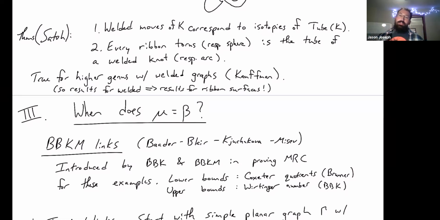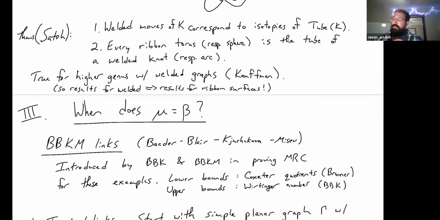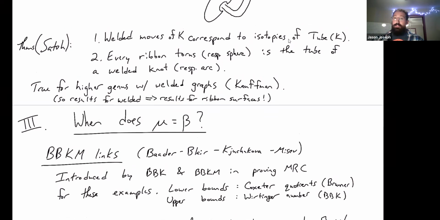So using the Vertinger number, they get the upper bound, and using the Coxeter quotient, they get the lower bound.